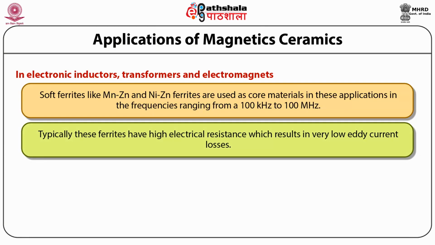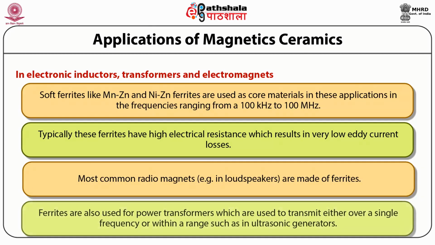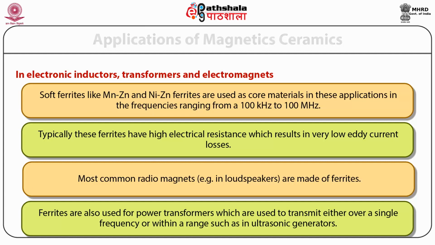Typically, these ferrites have high electrical resistance, which results in very low eddy current losses. Most common radio magnets, for example in loudspeakers, are made of ferrites. Ferrites are also used for power transformers, which are used to transmit either over a single frequency or within a range, such as in ultrasonic generators.